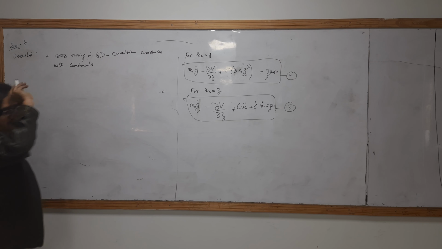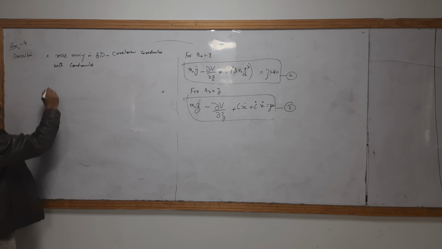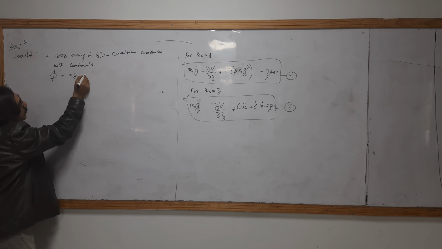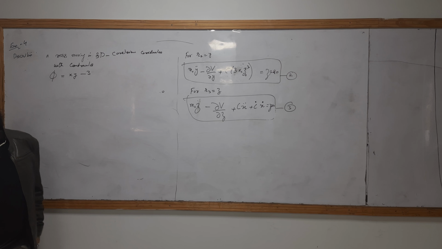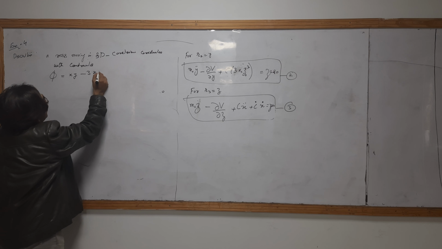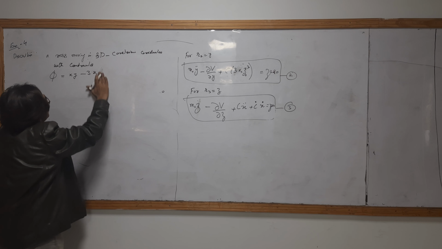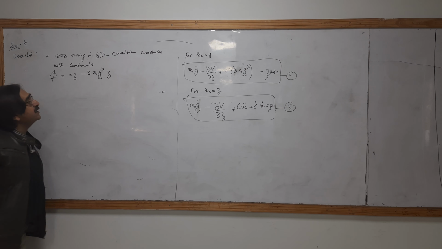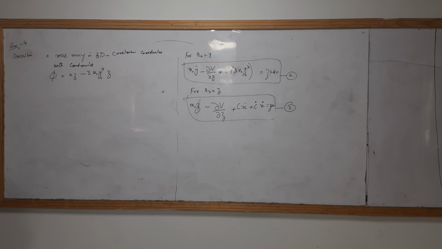The exercise is the same as the previous exercise, that is, phi is a function of x, y minus 3x, x naught y z naught x z y naught 3z. If this exercise comes in an exam, then what will happen?